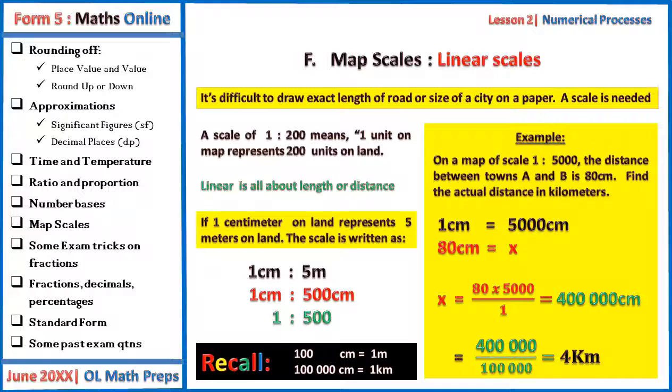We solve for x, and that will give us 400,000 centimeters. The answer is okay, but now the question requires us to give our answer in kilometers, and from the recall below we know that 100,000 centimeters makes 1 kilometer. So we divide by 100,000, and this will give us a distance of 4 kilometers. When you take the quiz, you will see questions like this, and even past questions.